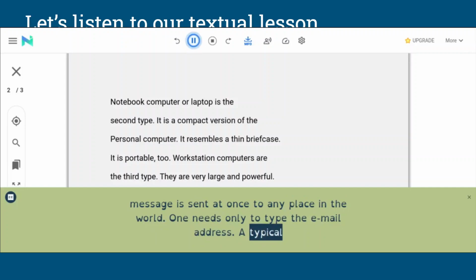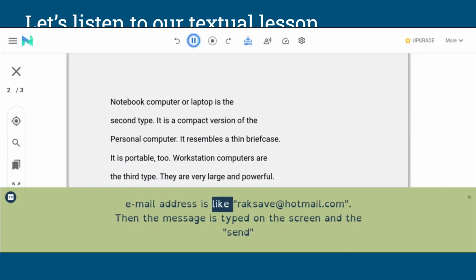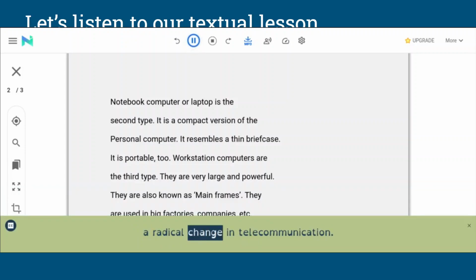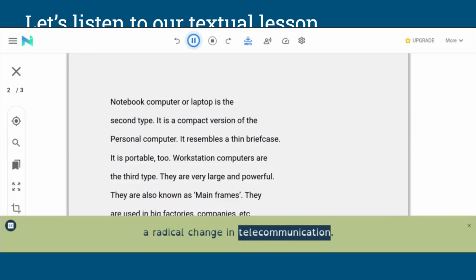A typical email address is like rakesave@hotmail.com. Then the message is typed on the screen and the send button is clicked. We can also know whether the message has been sent or not. Thus email has brought a radical change in telecommunication.